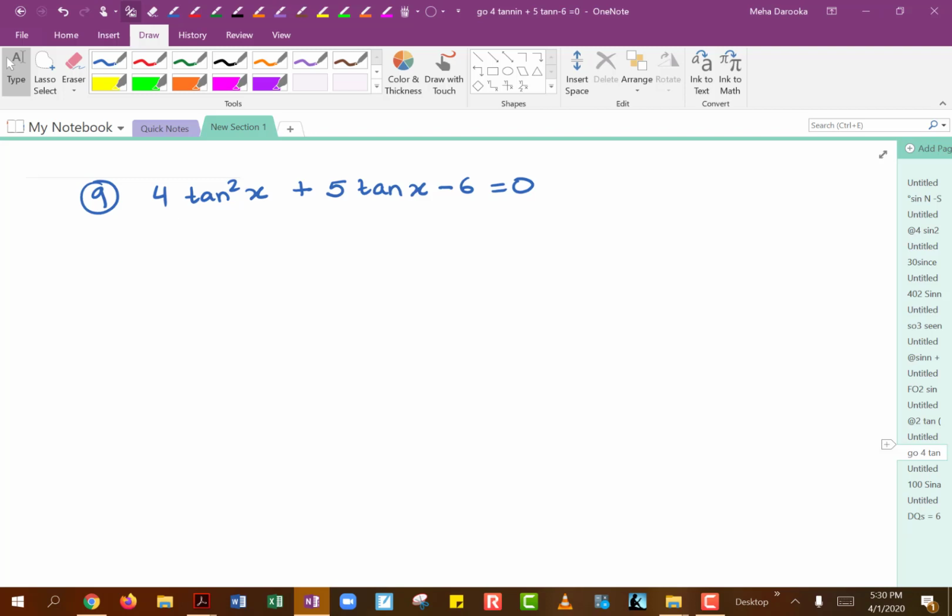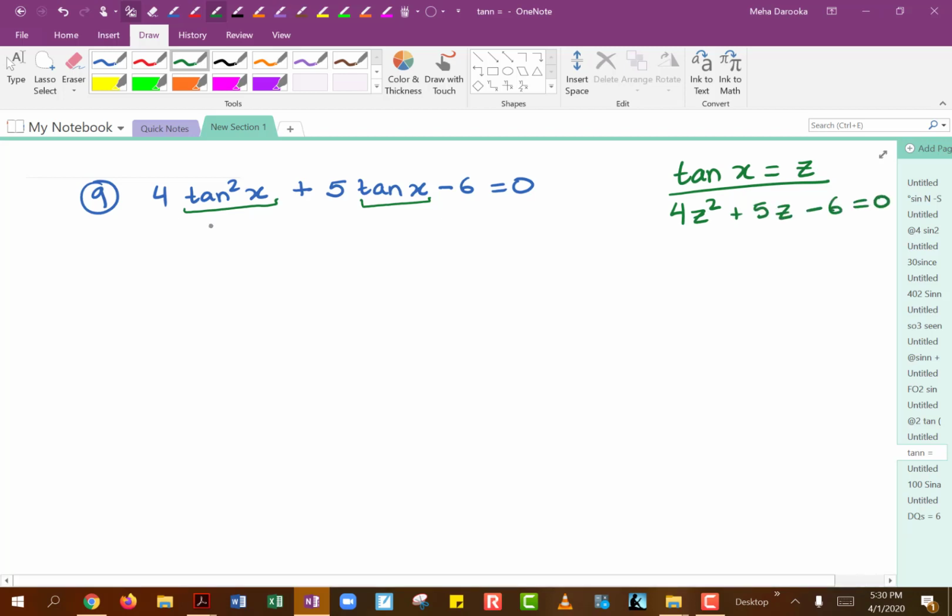So let's say again we use tangent of x equal z. That will give us 4z squared plus 5z minus 6 equals 0. We're basically replacing tangent squared of x with z squared and tangent of x with z.